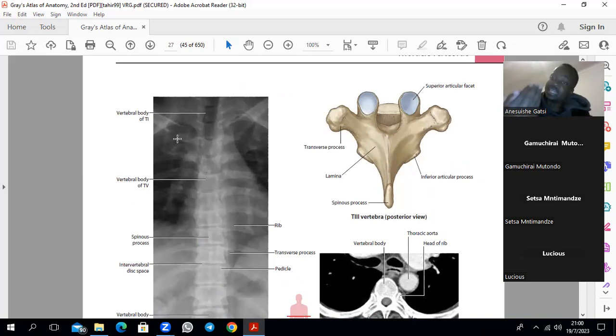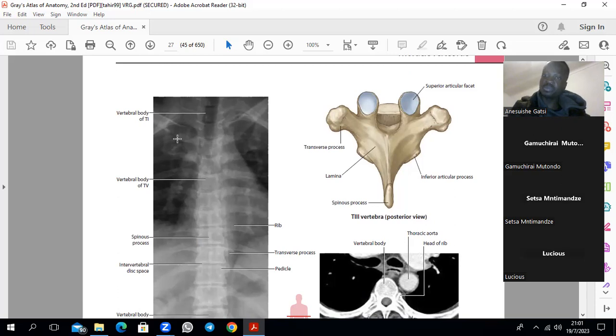If it herniates and moves sideways, it usually does so posterolaterally. If it does that, it is going to compress nearby structures, for example, spinal nerves. Right? That's a story for another day. So we have intervertebral discs, something that I didn't mention when we were doing the cervical region.